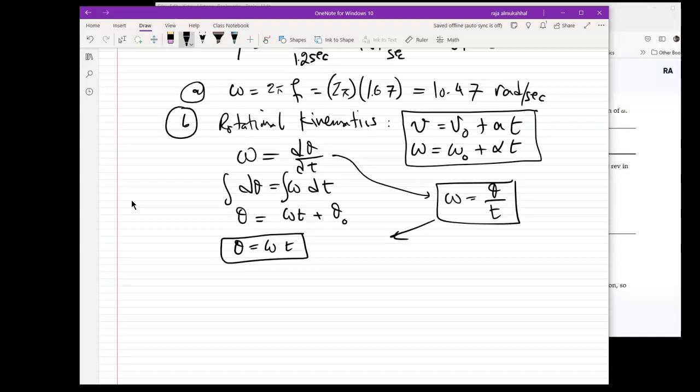So what is the angle of displacement after 2 seconds? Omega for us is a constant, equal to 10.47 radians per second, times the time, 2 seconds. That gives me roughly 21.